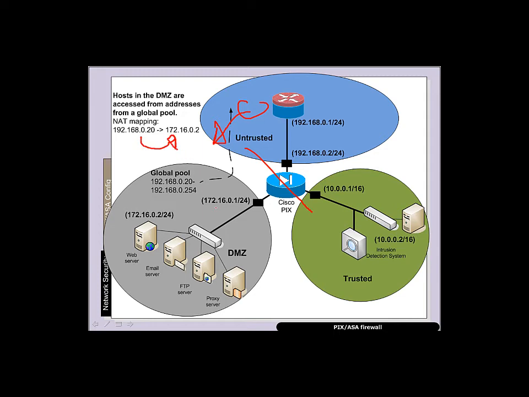So in this case, this host is accessed from outside through its global address. So in this case, our NAT mapping is from this address, from outside, into this address. The same can happen with our trusted, that we can have a private address space and then these map on to a global address space.